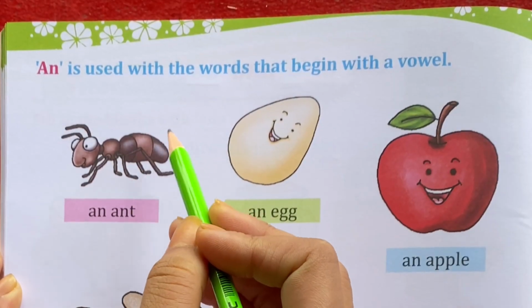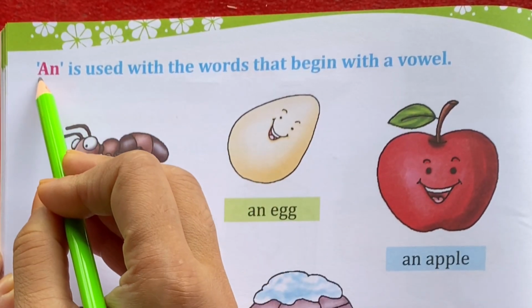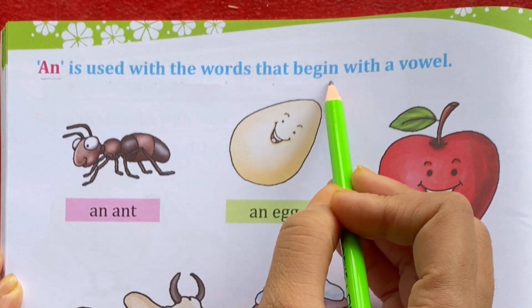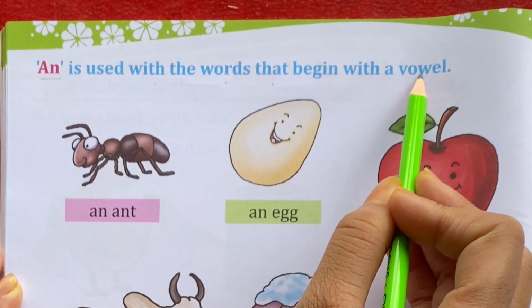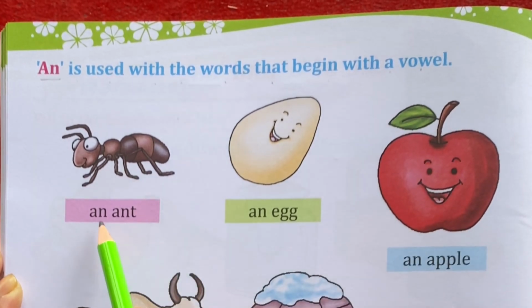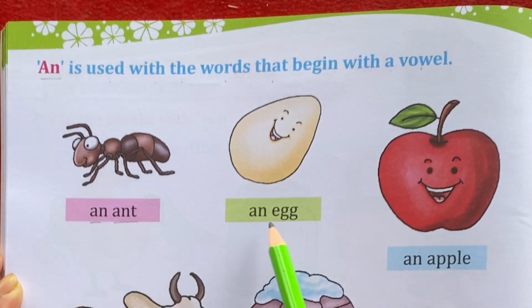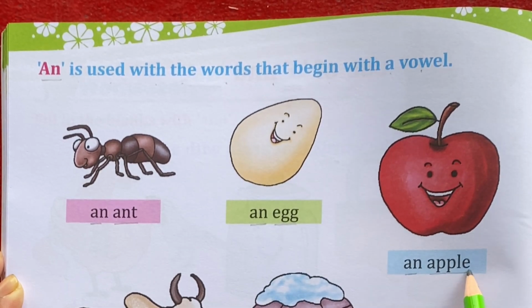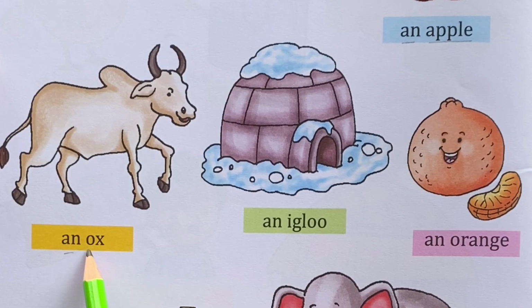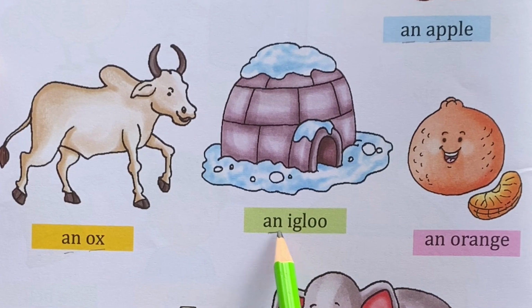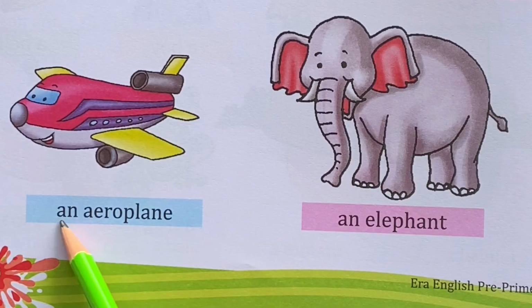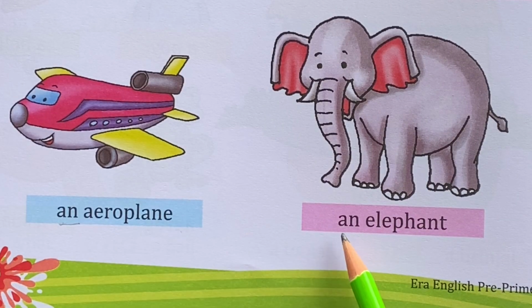Next we will learn use of an. An is used with the words that begin with a vowel. Now let's see some examples. An ant, an egg, an apple, an ox, an igloo, an orange, an aeroplane, an elephant.